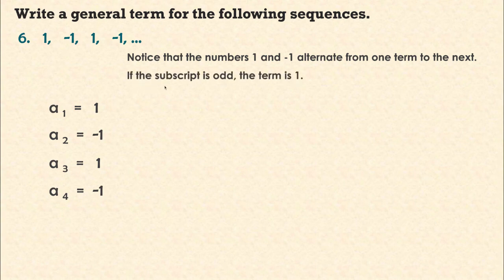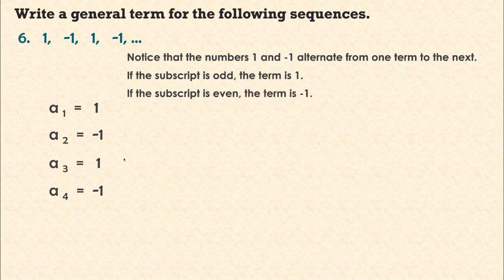Now, if the subscript is odd, the term is 1. So if we look at the given here, if the subscript is odd, so 1, this is odd, the term is 1. If the subscript here is 3, which is odd, the term is also 1.